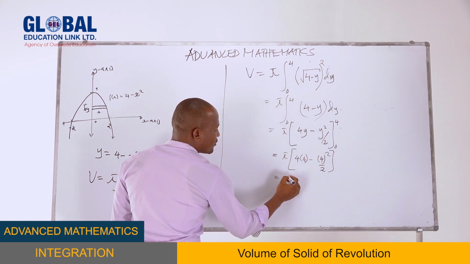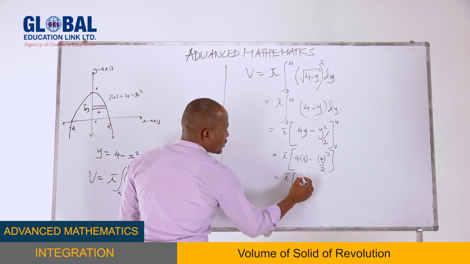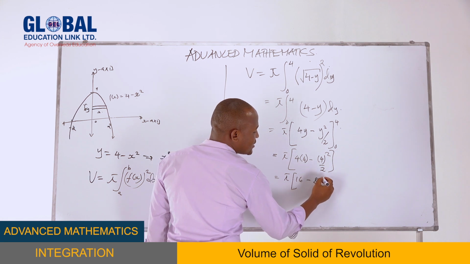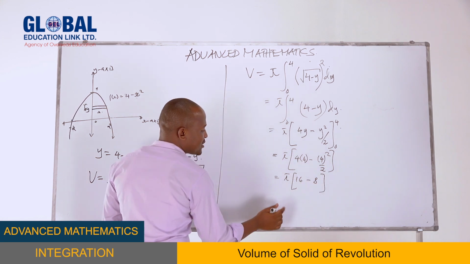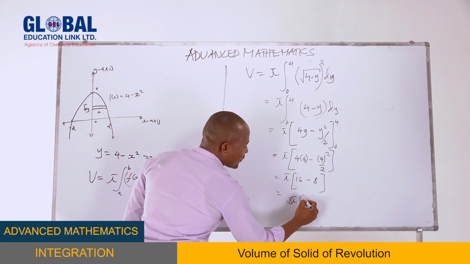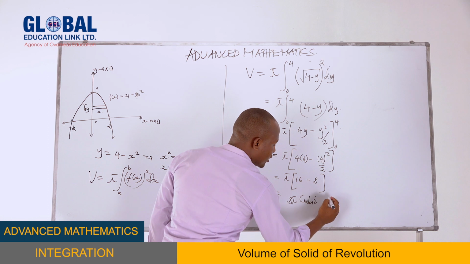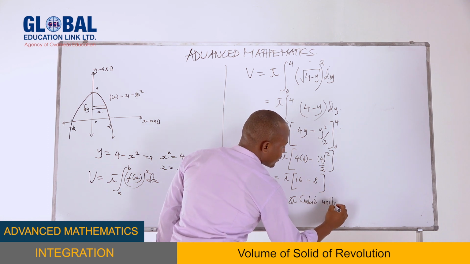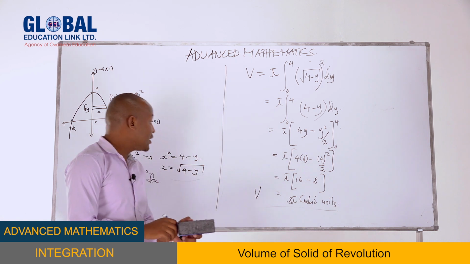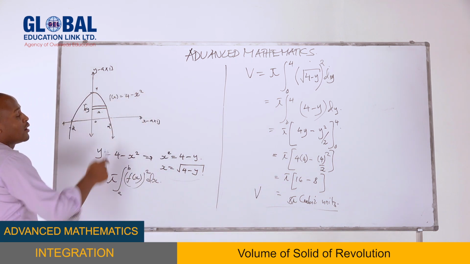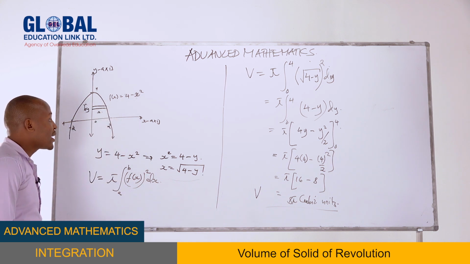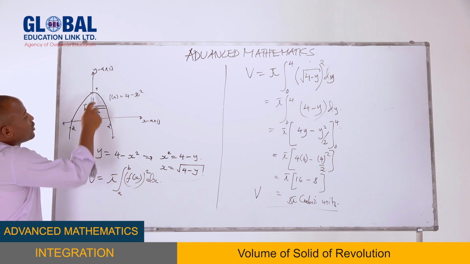That is to say, we have pi 16, and then 16 divided by 2 is 8. If you subtract that, it will be 8 pi cubic units. That is the volume when that graph, or that function, is rotated around the y-axis, and the limits will be from 0 to 4.